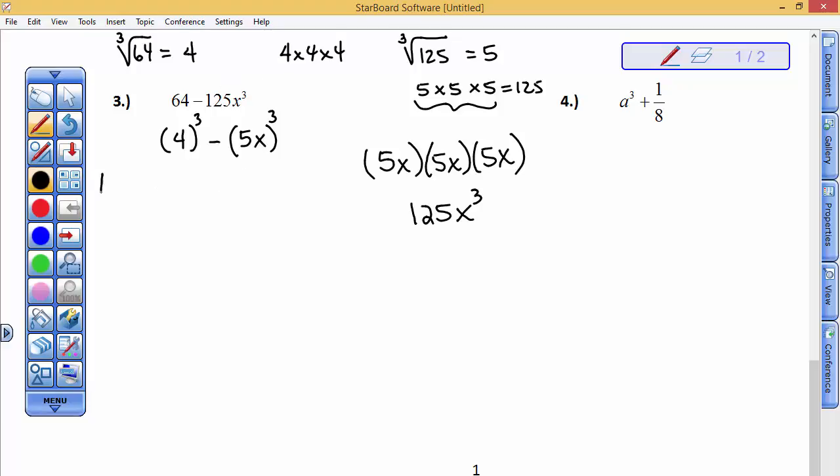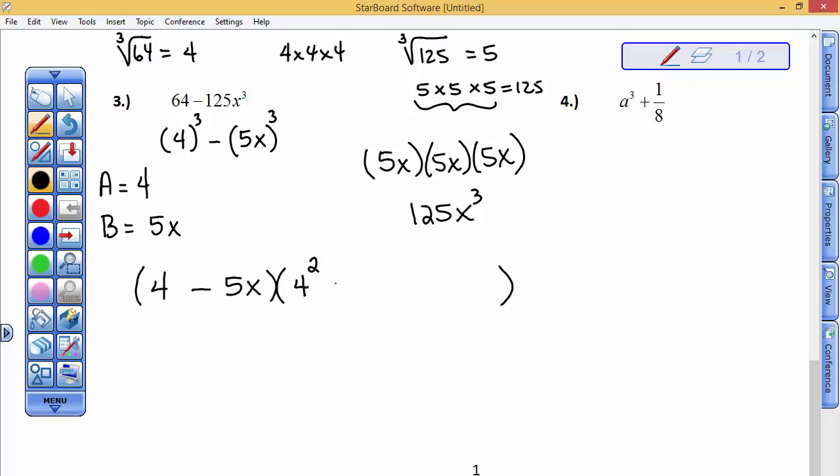So now I'm going to plug in for a in the memorized formula the number 4, and for b I'm going to plug in the 5x, and it's composed of a binomial times a trinomial. And the binomial is my a value minus my b value. Then my a value squared.